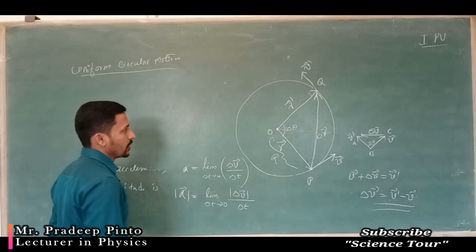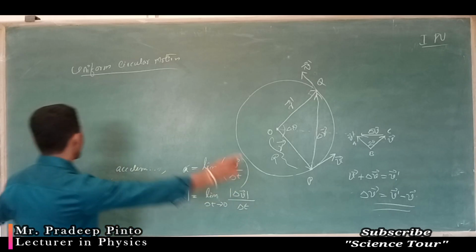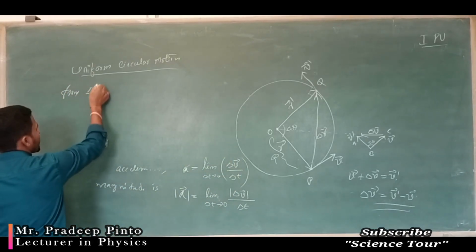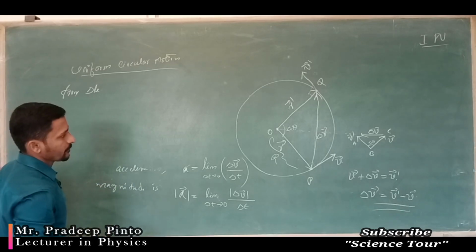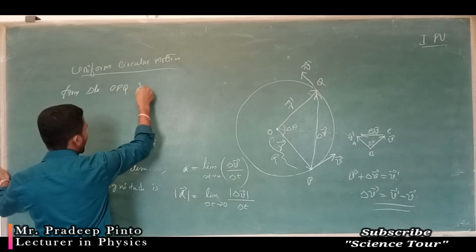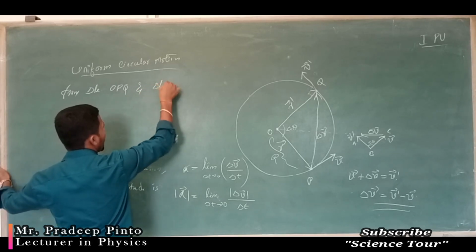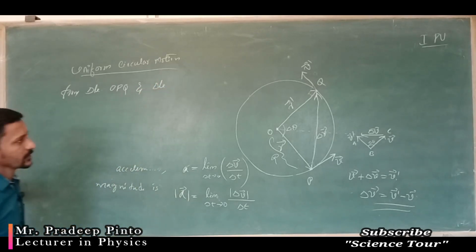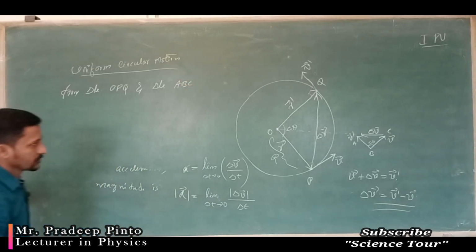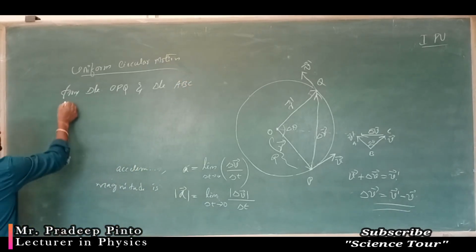Now we can write from triangle OPQ and triangle ABC, both are similar.